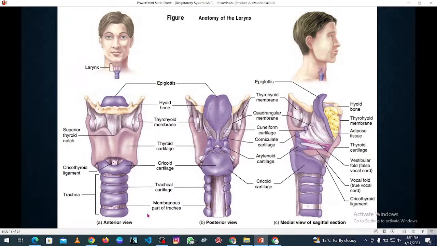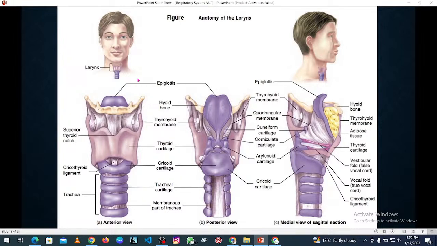When you look at the trachea from behind, look at my cursor. It's on the second image of the head of this man. So when you take an X-ray or an imaging from this back side, the back side of the neck, then this is what we'll see on the larynx.